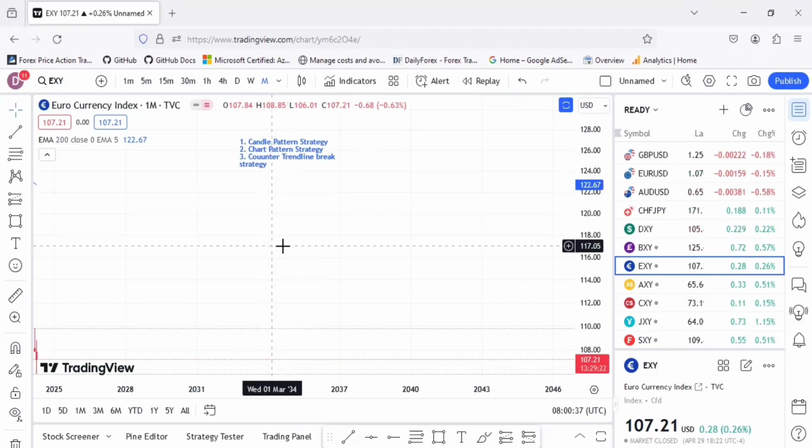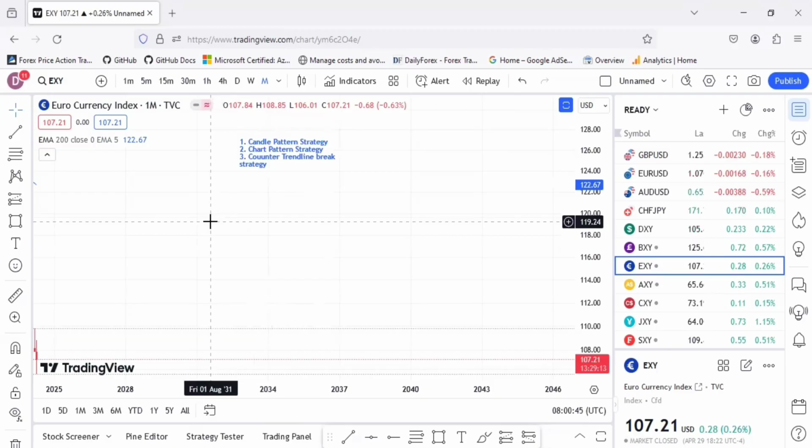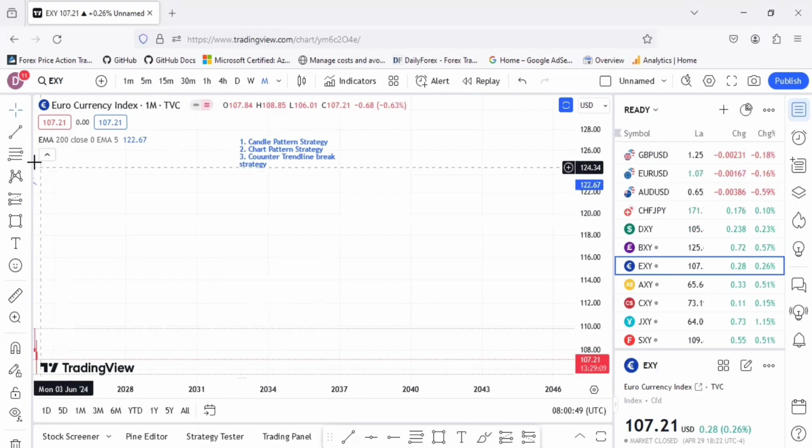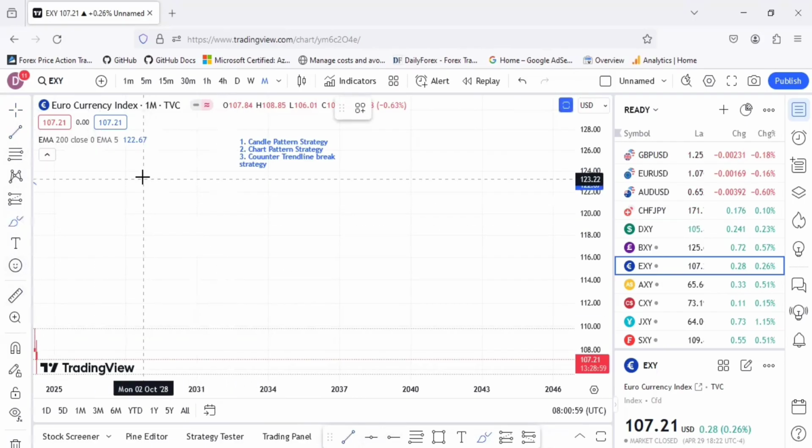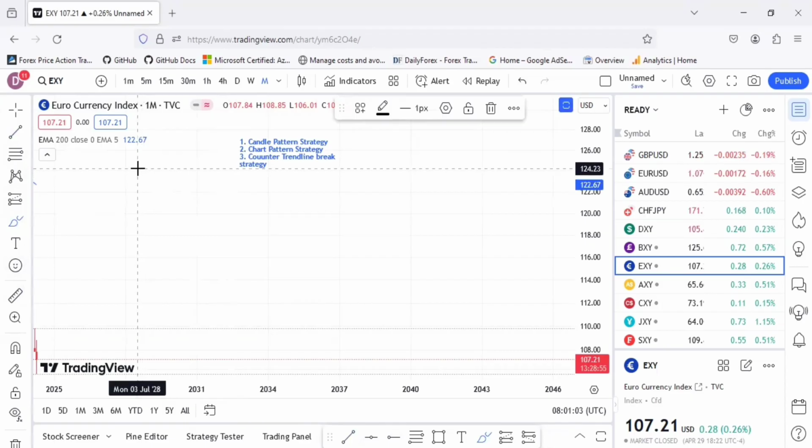So when you are looking at candle pattern strategy, that is when you are at the location, the point of entry, the area of your interest. Like for example, maybe the market is making, from your analysis, you discover that you are in a downtrend.